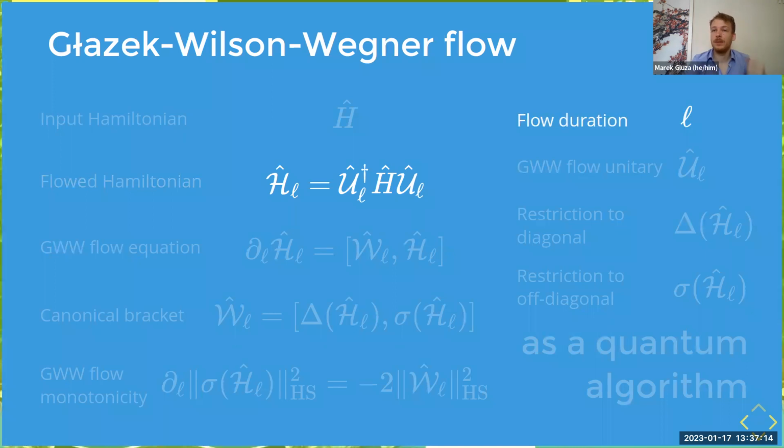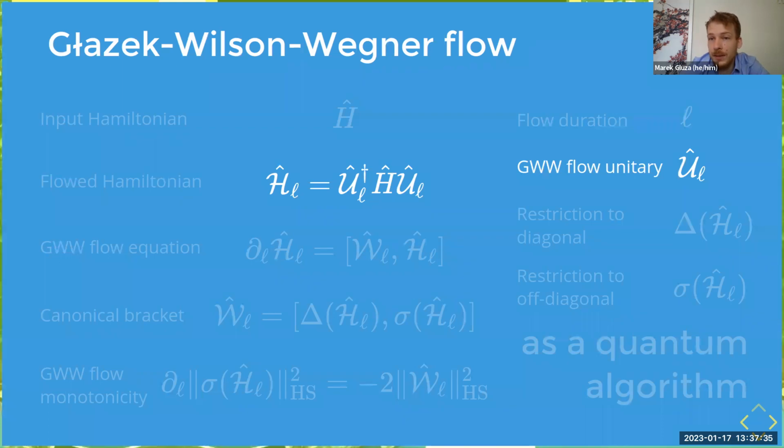So we will have a diagonalization of our input Hamiltonian. Here we achieve that using the GWW flow unitary, and that's a diagonalization unitary. So if we have a quantum algorithm that prepares the Głazek-Wilson-Wegner flow, we have diagonalization.